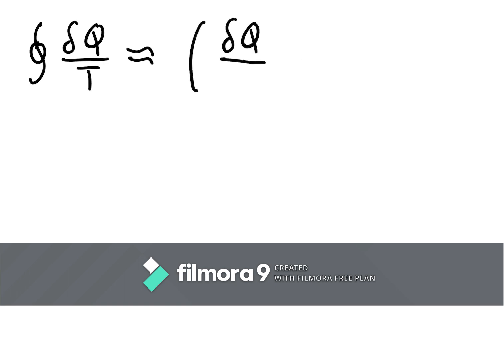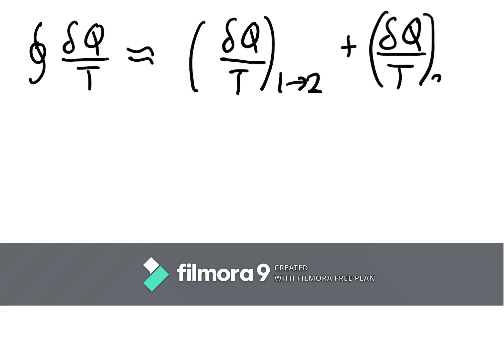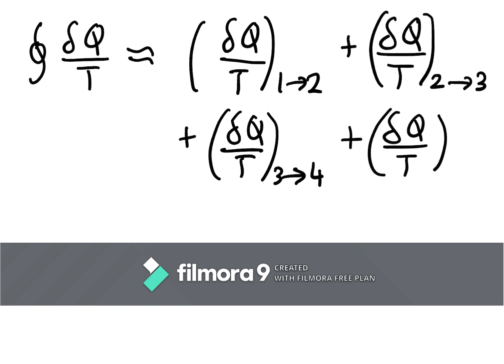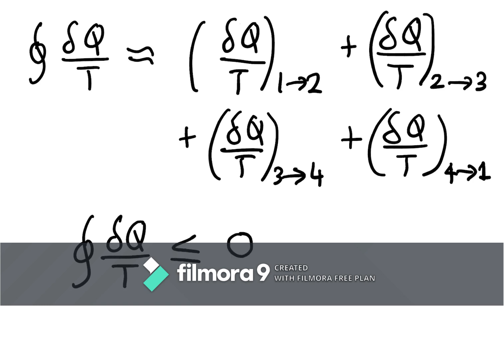It's delta Q over T 1 to 2 plus delta Q over T 2 to 3 plus delta Q over T 3 to 4 plus delta Q over T 4 to 1. The Clausius inequality simply states that you can have any number of intermediate steps, but the net heat transfer divided by the temperature is always less than or equal to 0.